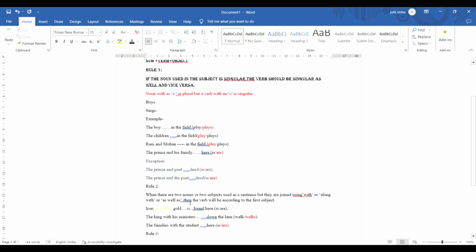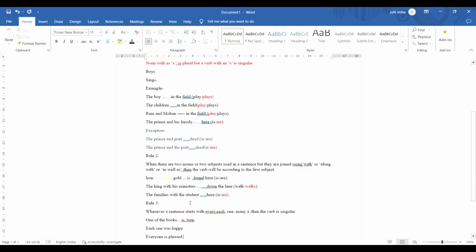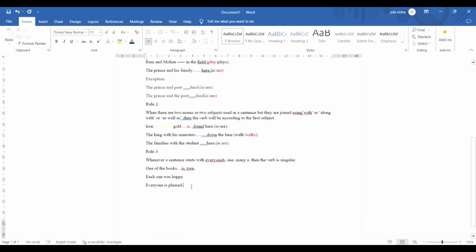So till now we have taken up 3 rules. The first rule was very simple. If the subject is singular, the verb is singular. If the subject is plural, the verb is plural. The second rule was that if two nouns are joined with the help of with, along with, or as well as, then the verb will be according to the first subject.